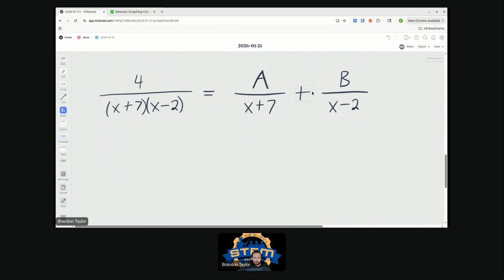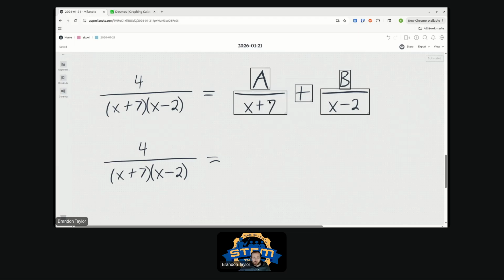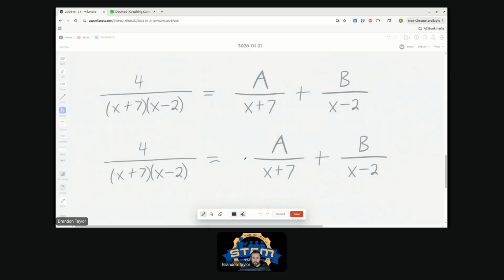Basically, the way we do it by hand is we first get a common denominator, right? Obviously this is going to be the common denominator, the thing that we started with. So what could we do to get a common denominator on both of these sides? Well, what's preventing this from being that is multiplying by x minus 2. So let's just do that. x minus 2. If we do x minus 2 divided by x minus 2, we would have that.